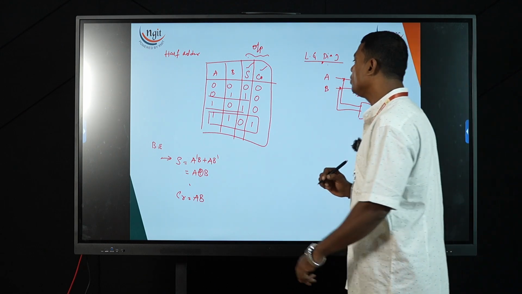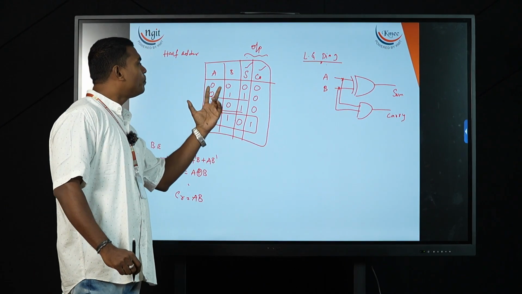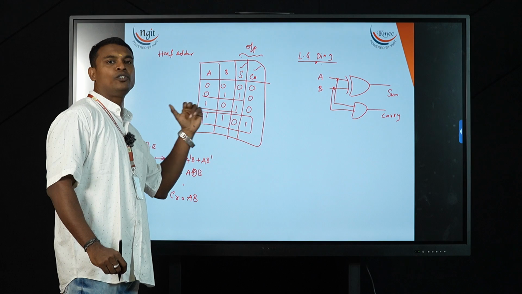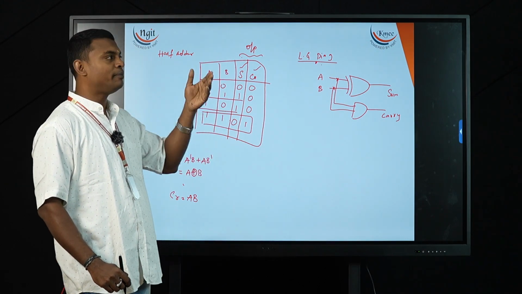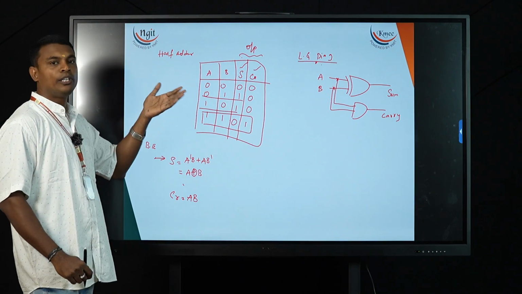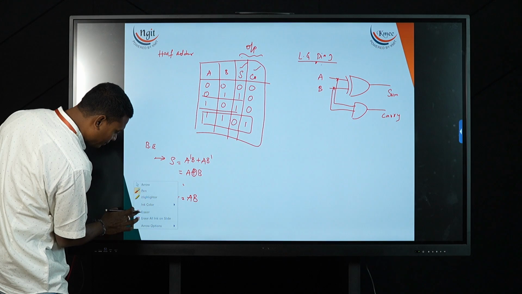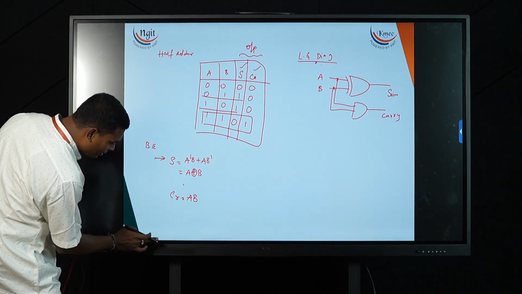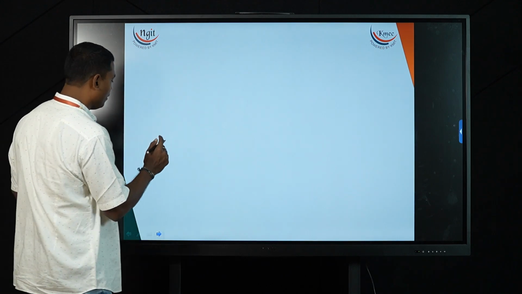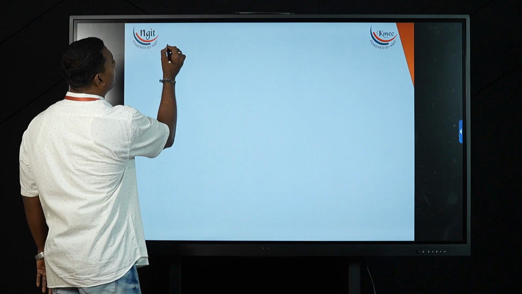Let's get on to the full adder. The half adder performs the sum between only 2 bits. When we have more than 2 bits, that is, if we are adding 3 bits, how is the adder going to look? Well, let us see. Now let us get on to the full adder.